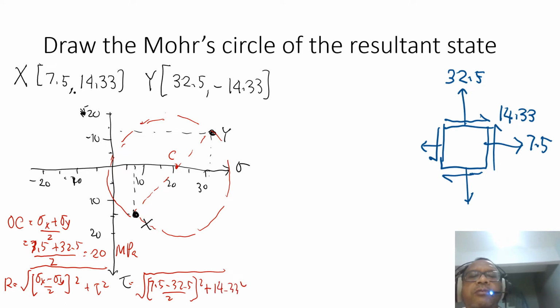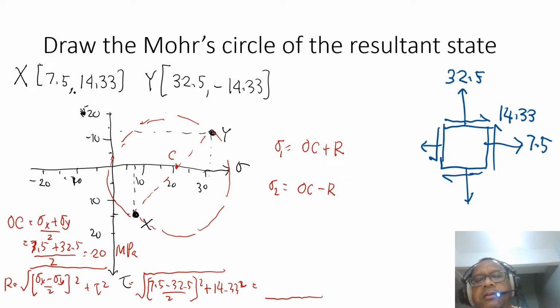Okay, and you will have the radius. And you know your OC, and from there you can find your first principal stress, sigma 1, and sigma 2 is OC minus R. If you do that calculation, you will have the answer as I prepared earlier.